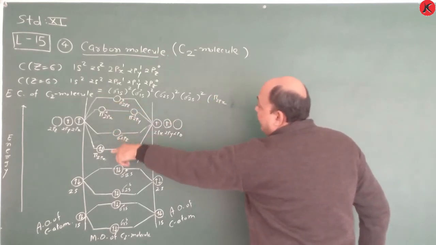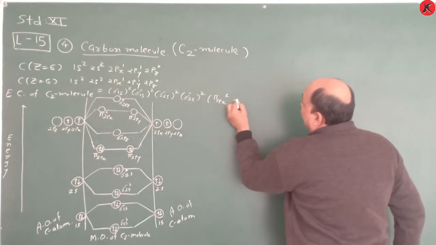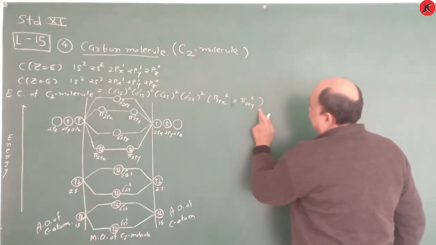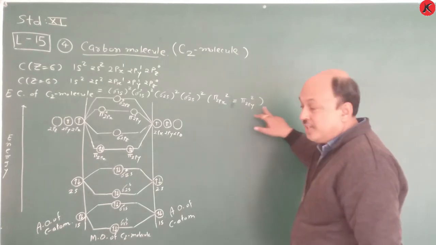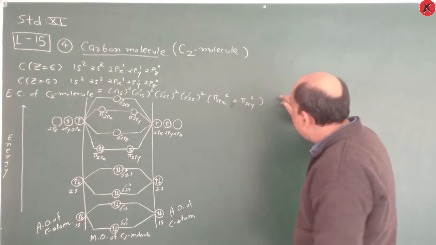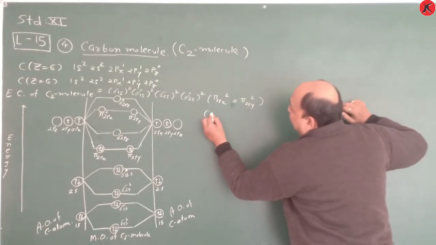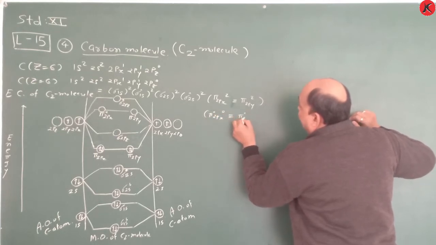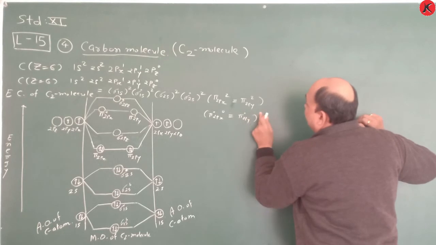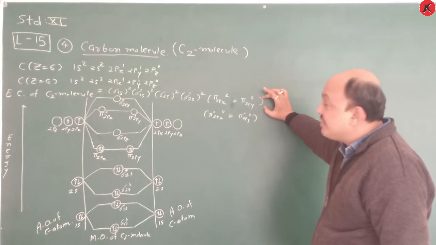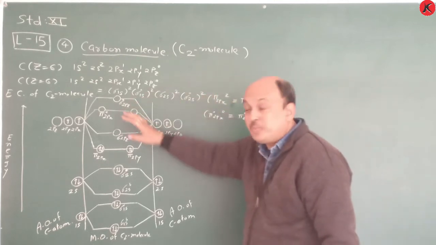How many electrons are present in pi 2px? 2, equal to pi 2py. Here also 2. Pi 2px is equal to pi 2py, 2 electrons are present. And there is pi star 2px, 0 electrons, equal to pi star 2py, also 0 electrons. These have the same energy, that's why we write this way. And this is the electronic configuration of the C2 molecule.